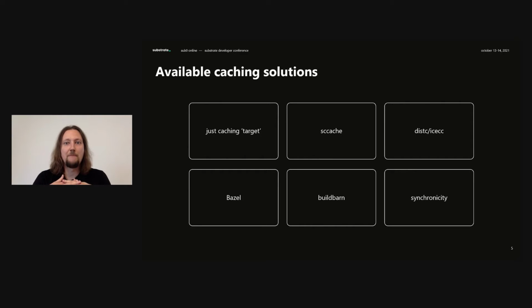This is actually a big and important problem, which is not quite well addressed by half of the tools I have on the screen in the caching solution survey. Because, yeah, after we are done with just caching the target folder, the major caching solution in the Rust ecosystem is sccache. It's developed mostly by Mozilla people, and it actually helps quite a bit. But the problem is indeed what I just said about the security.